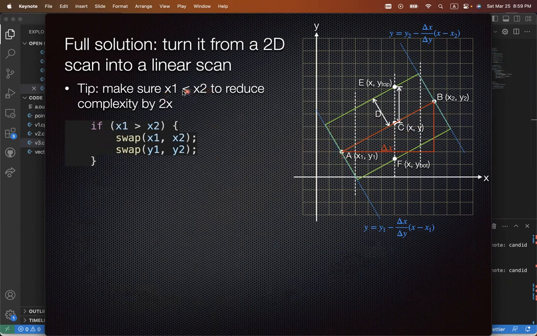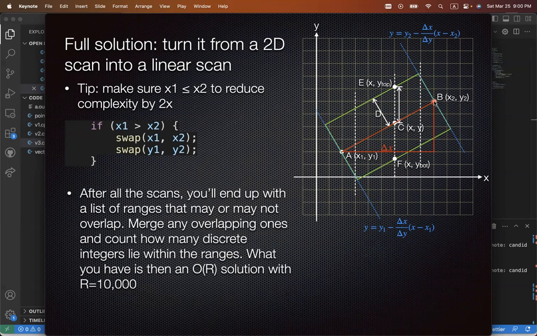But if you make sure x1 is less than or equal to x2, then everything is much simpler by a factor of 2. Well, then what if x1 is larger than x2? Well, then you can just swap those 2 points. It wouldn't hurt because whether you're traveling from B to A or A to B, the infected area is the same and the math is the same. But by making sure that you're always traveling from left to right, you make the logic of the code much, much simpler by a factor of 2.